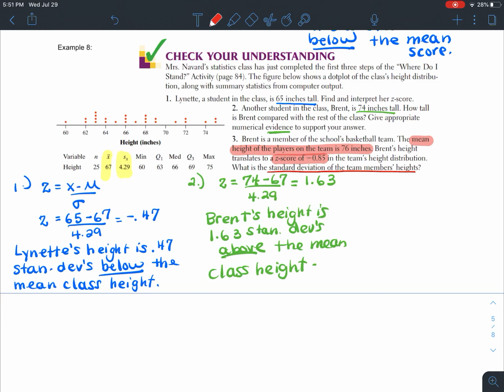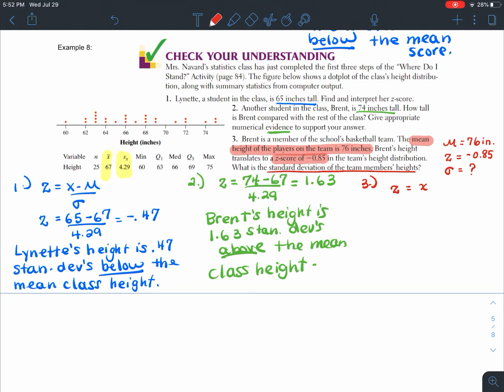Okay, so what I like to do when I'm reading through problems like this, and you can see I kind of highlighted the important pieces of information, I'm going to write down off to the side the mean height of the players on the team was 76 inches. Okay, the other piece of information they gave us is it looks like he's a little on the short side when it comes to being compared to his team members. He's falling 0.85 standard deviations below the mean, but this question's asking us to find the standard deviation.